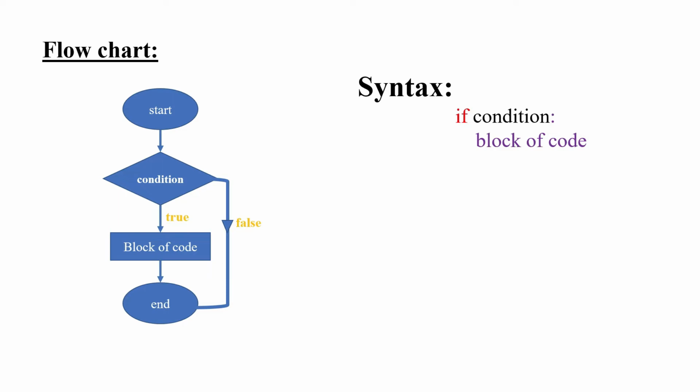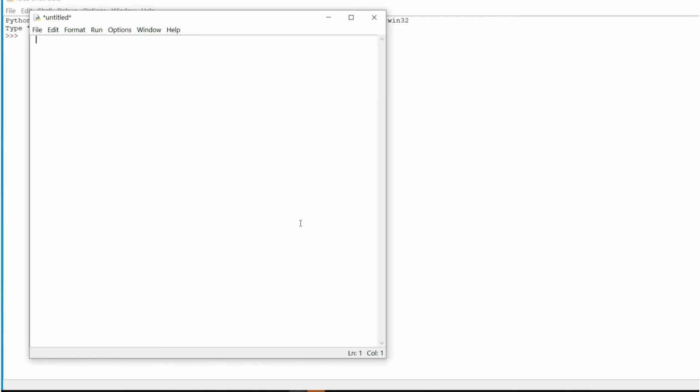We'll see one example. Here, I will take variable name as number equal to, here I will take input function to give input from keyboard. In this, I will write a message as "Enter a number: " to display. Then I will convert this input into integer format by keeping this in int function. Press enter.